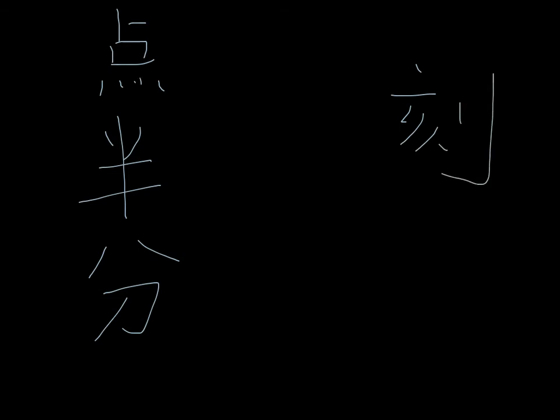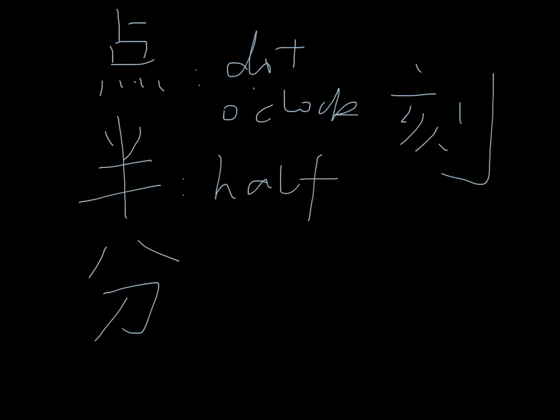So 点 means o'clock, and also this single character, if it doesn't relate to time, it means a dot. So dot or o'clock. And 半 means half. So 半 equals 30 minutes, and the minute is 分.